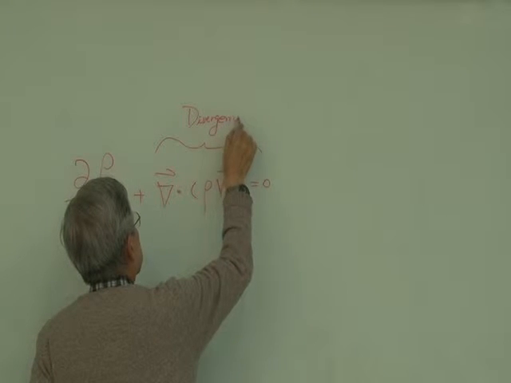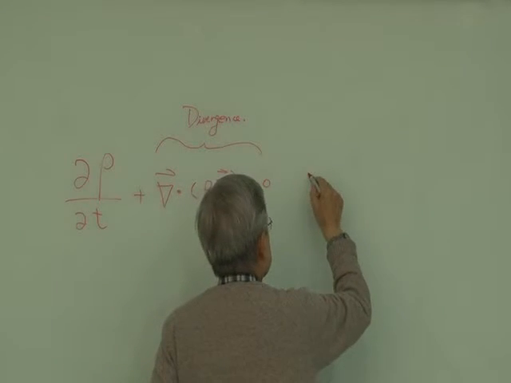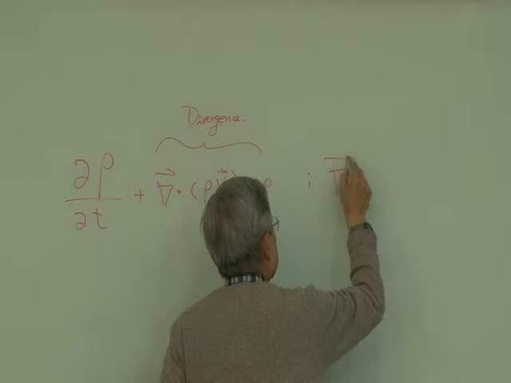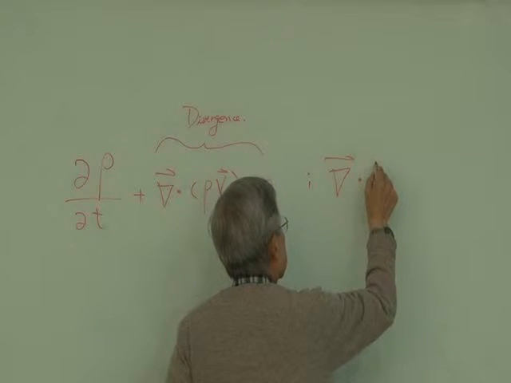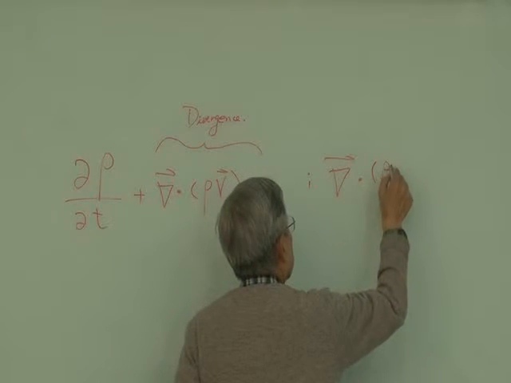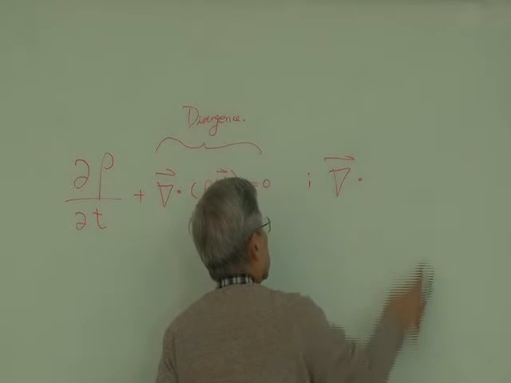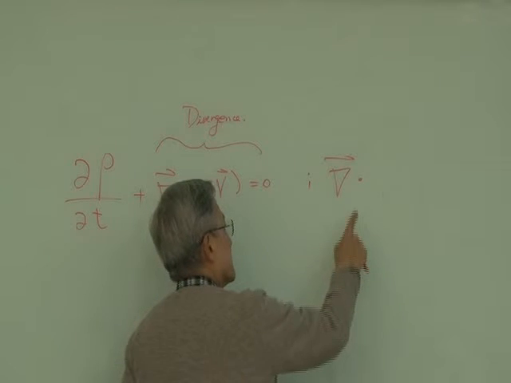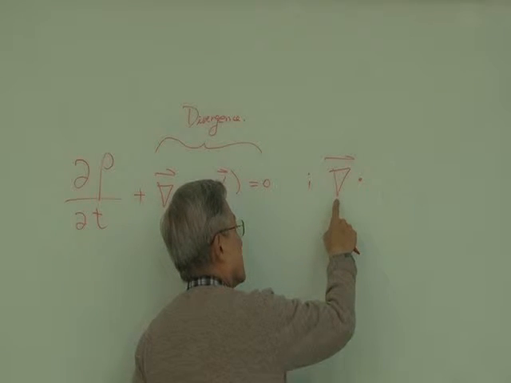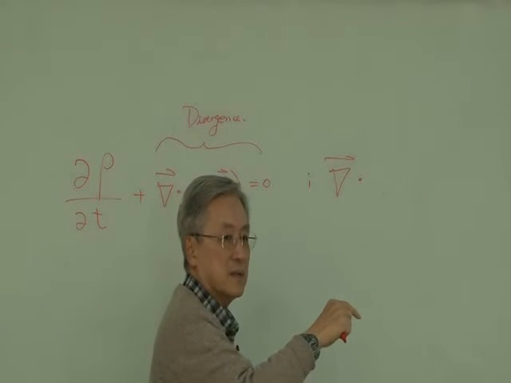You know all this. Divergence is concerned with del dot, a scalar product. What is this del?